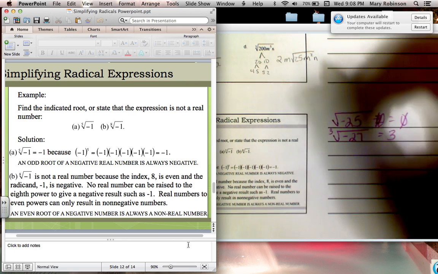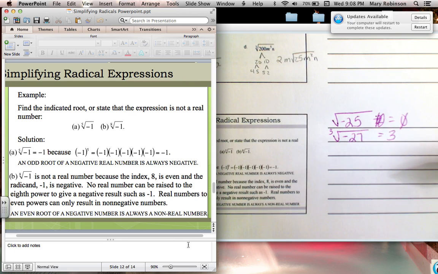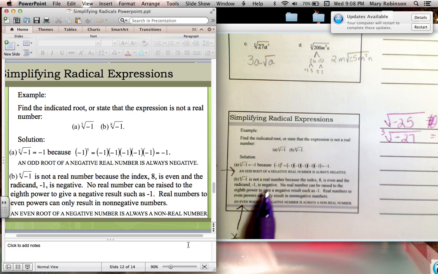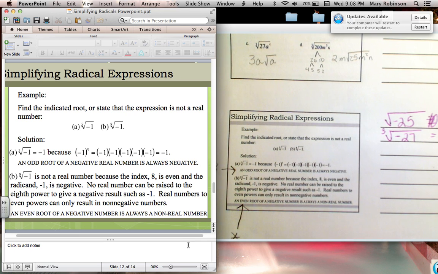Because we cannot have two of the same number that multiply together to give us a negative number, but we can with 3, maybe we could come up with a pattern for this. As you notice here in your slide, it has us consider the fifth root of negative 1.